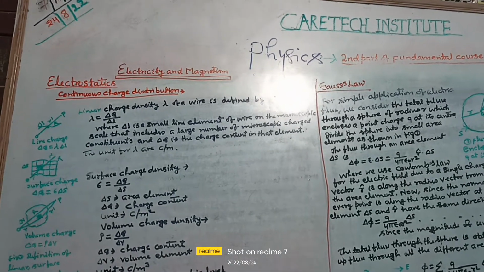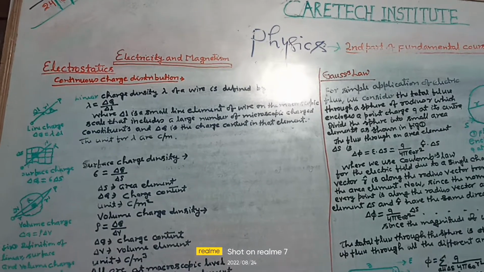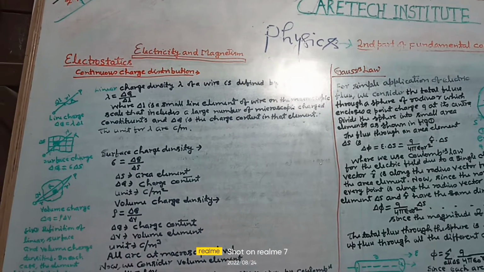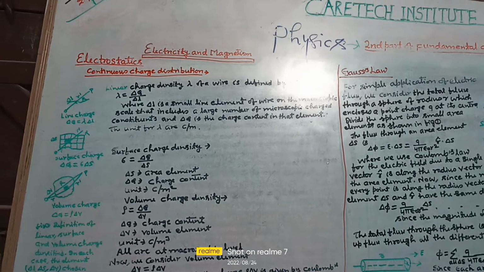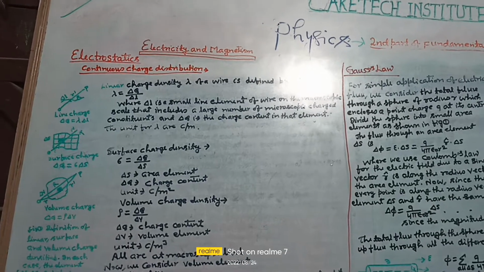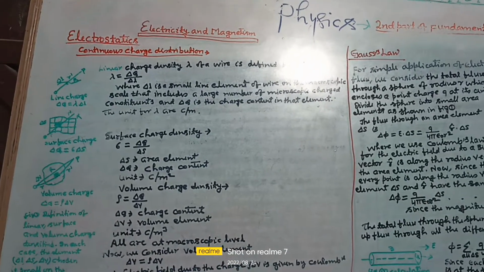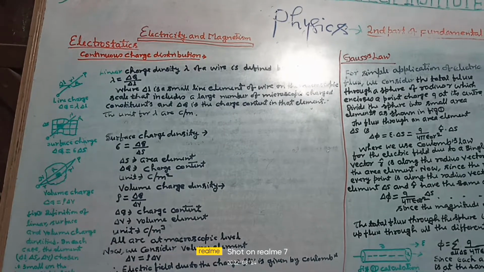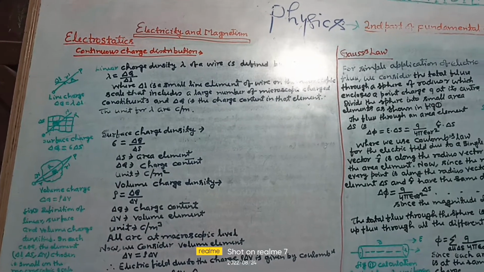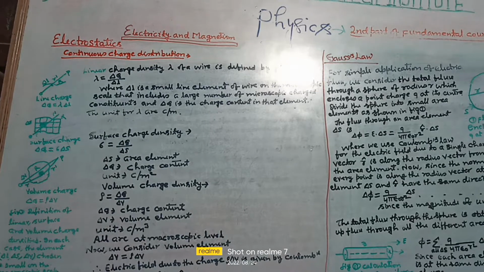Now the surface charge density sigma equals delta Q by delta S. Delta S is the area element, delta Q is the charge content, and the unit is coulomb per meter square in SI units.